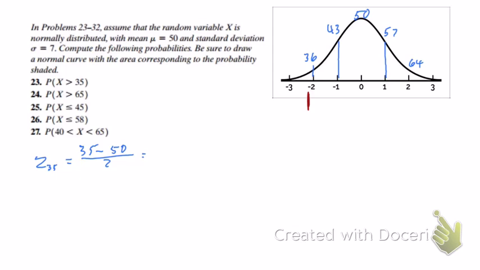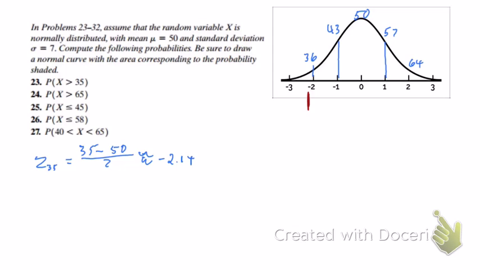What are y'all getting? Negative 2.14, about. That's the z-score. That means whatever this is measuring is 2.14 standard deviations to the left of the mean.